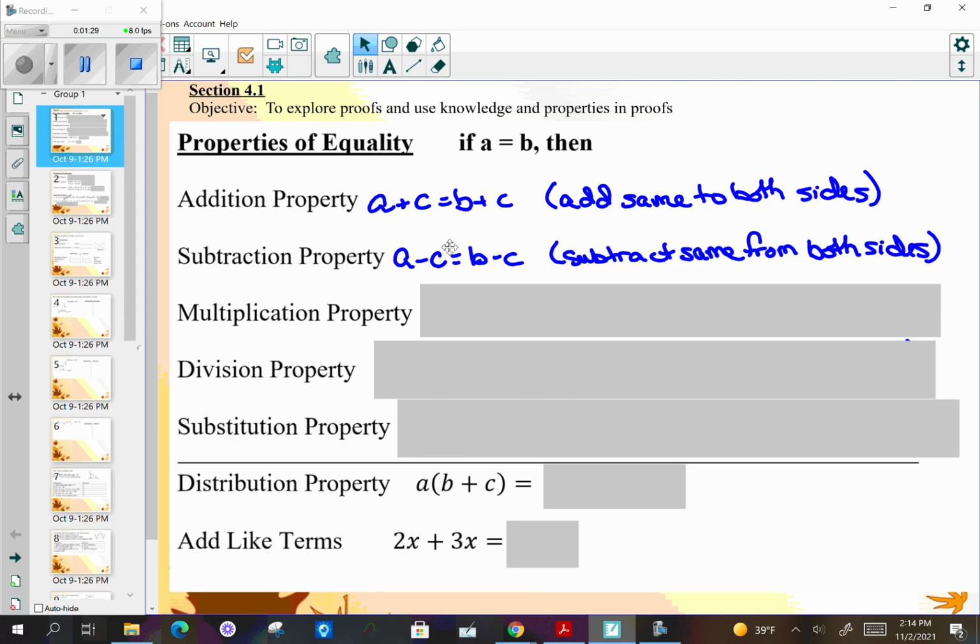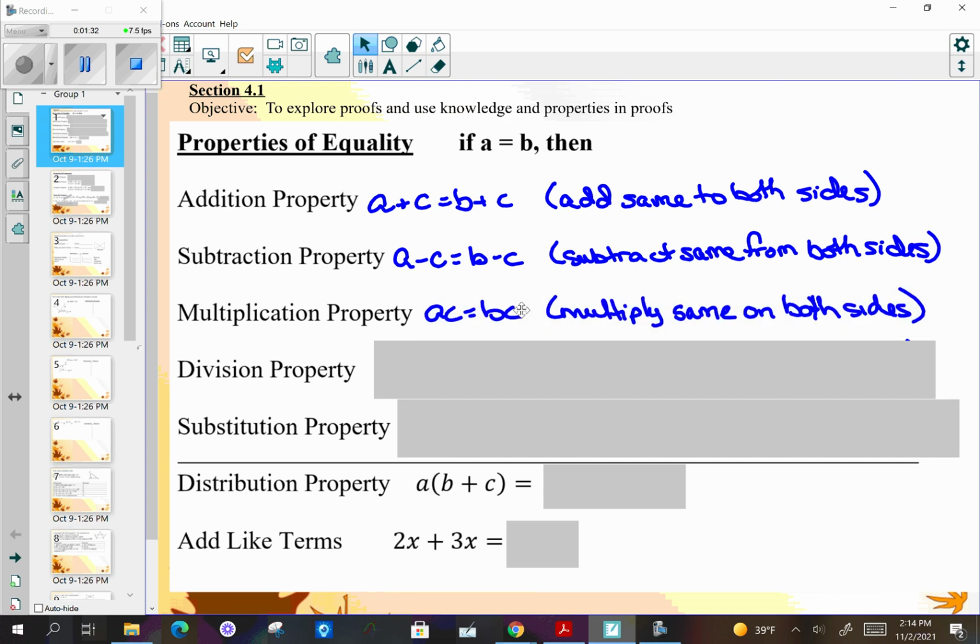We have the multiplication property. We can multiply the same thing on both sides. So A times C equals B times C. All of these, again, are prefaced with the fact that A is equal to B to begin with. So we can add the same thing to both sides, subtract the same thing from both sides, or multiply the same thing on both sides.